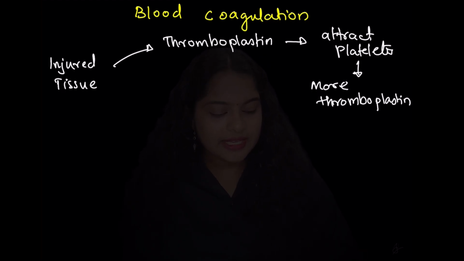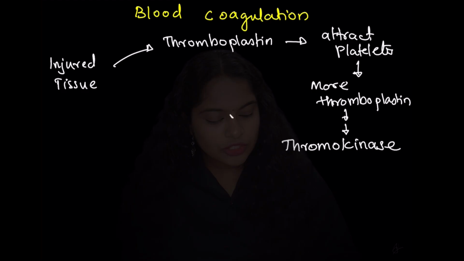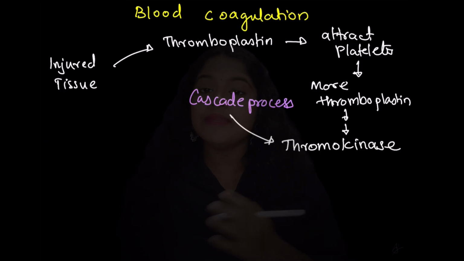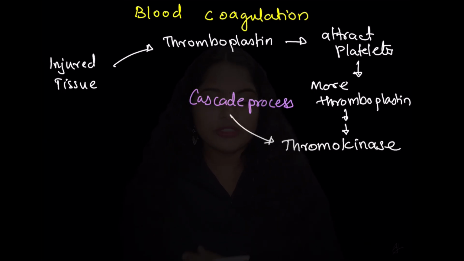This thromboplastin leads to the production of a complex enzyme called thrombokinase. This thrombokinase is produced as a result of a reaction called cascade process, which is an enzyme linked reaction.